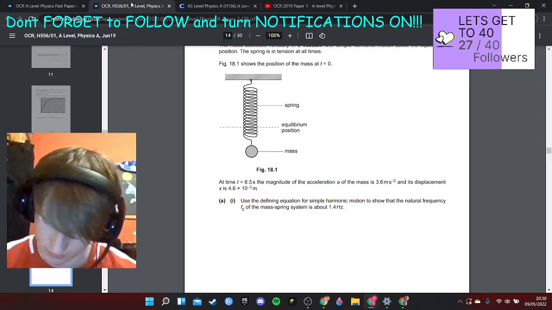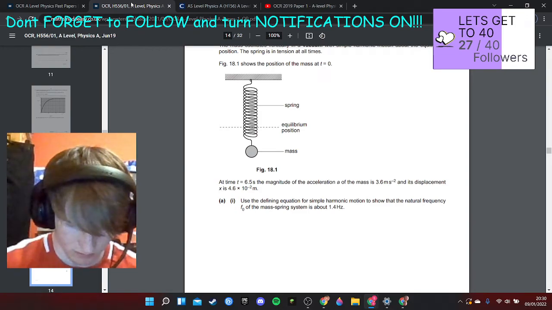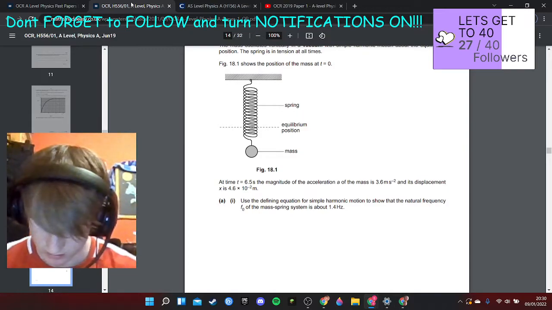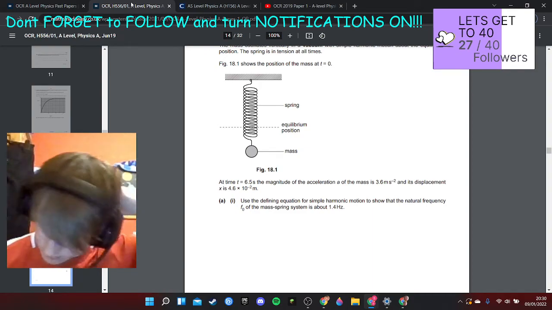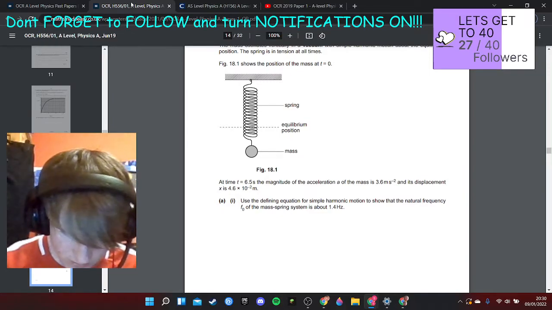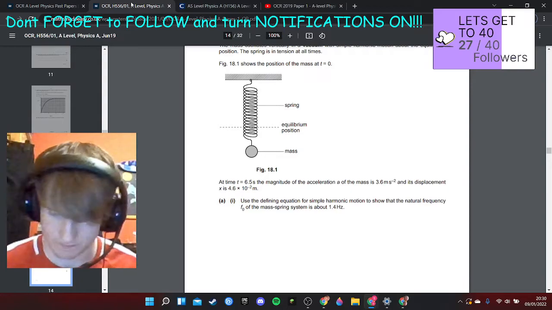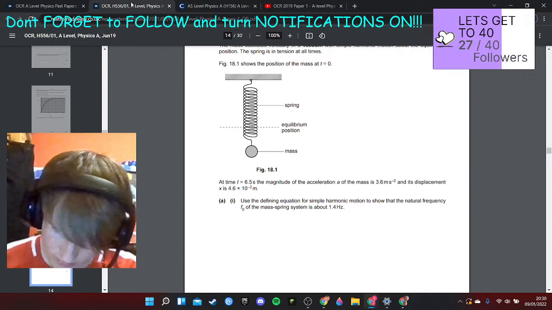So 3.6 over 4.6 times 10 to the minus 2. I'm gonna root that. That gives me an extremely complicated answer. Oh yeah, it says about 1.4, so this could be okay.